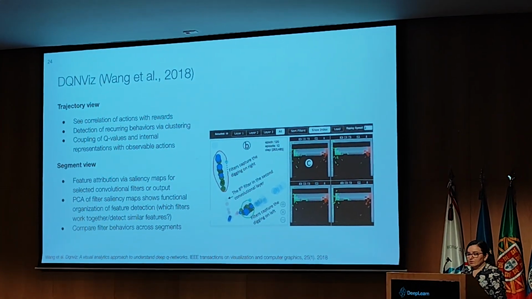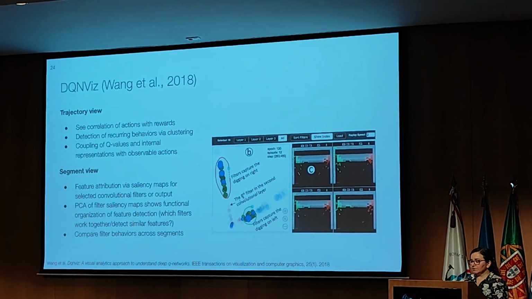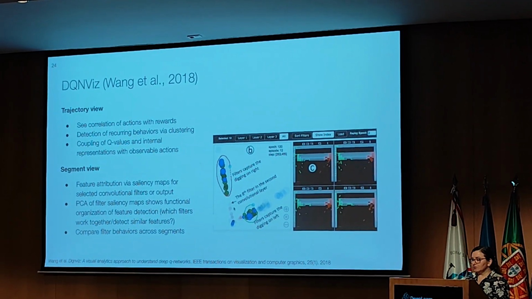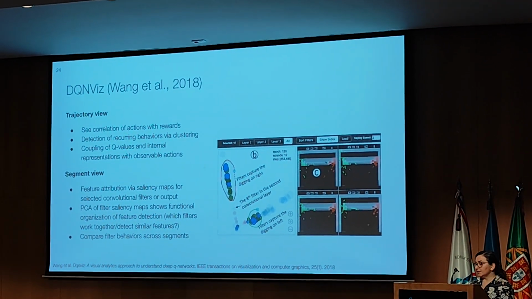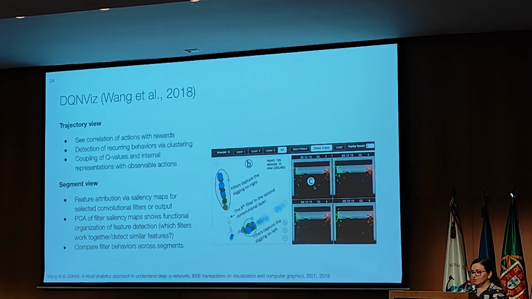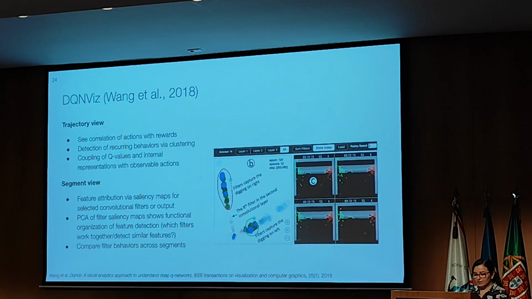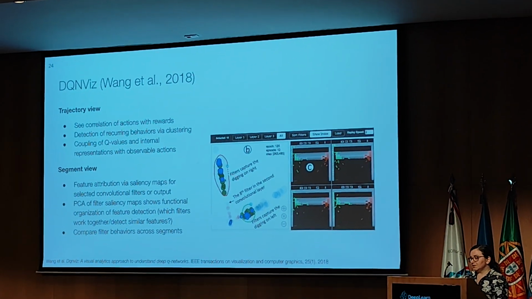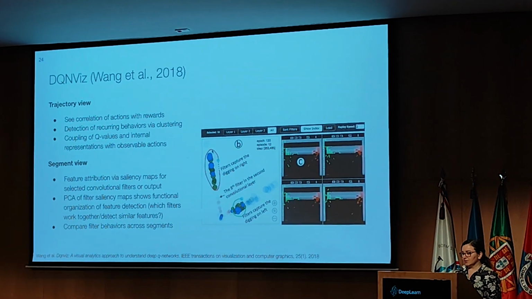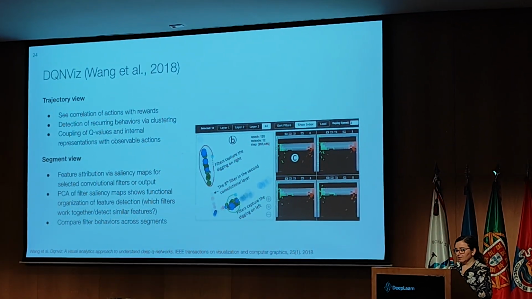Another thing that you can look at is your convolutional filters to see how they look, and you can also have a visualization like a saliency map, which is gradient based with respect to your last layer, which are your values. And then it also provides a view based on PCA, like a 2-dimensional view to see clusters of which states fall close.